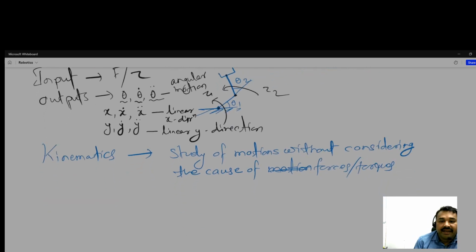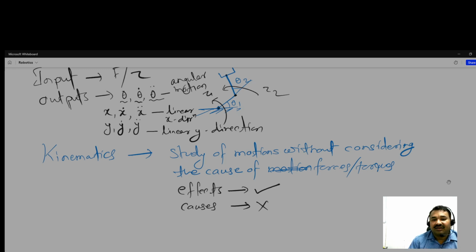Here we consider only effects. And what are those effects? Same position, velocity, accelerations, and causes are not considered here, but effects are considered. So this is the basic, fundamental difference between dynamics and kinematics.